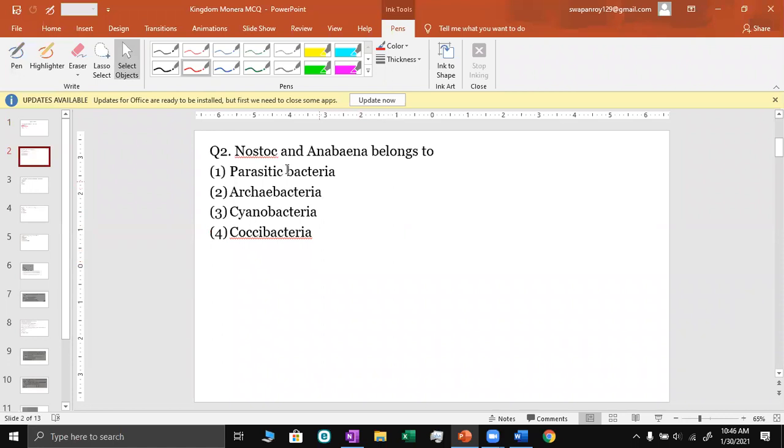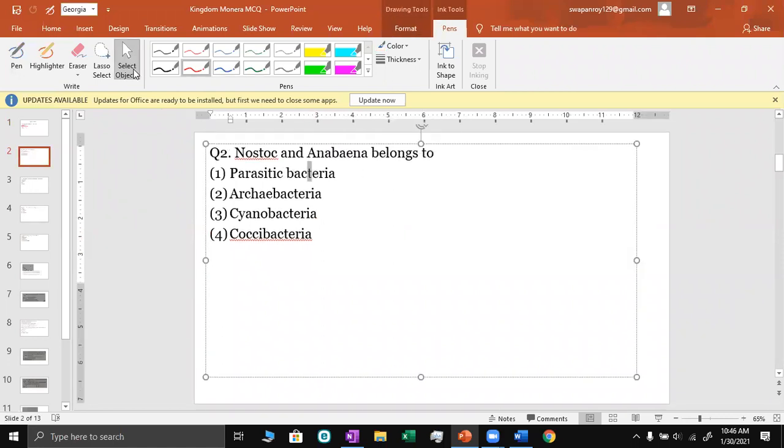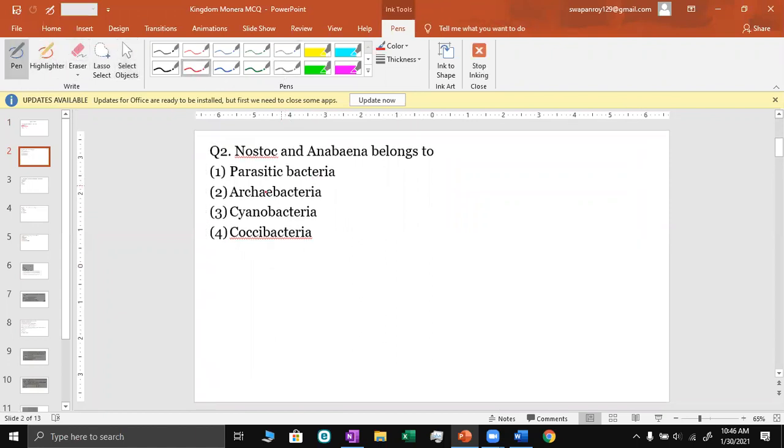Then Nostoc and Anabaena belong to which: parasitic bacteria, Archaebacteria, Cyanobacteria, or Coccibacteria? Nostoc and Anabaena are Cyanobacteria.